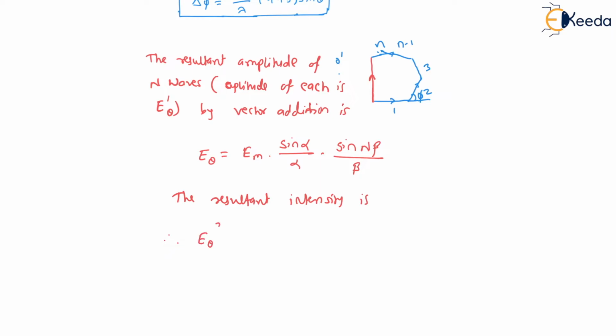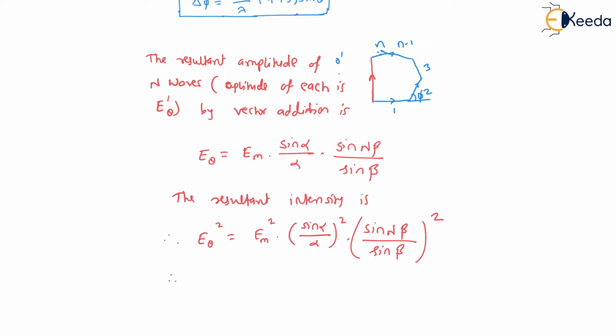So it will be E theta square is equal to Em square into sine alpha by alpha bracket square into sine n beta divided by, here in the division it is not just beta but instead sine beta. Make a change there. This is sine beta and not just beta. So it will be sine n beta divided by sine beta whole bracket square.